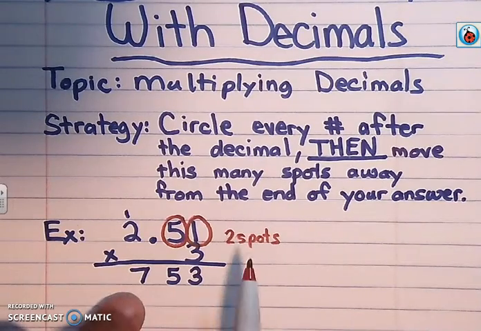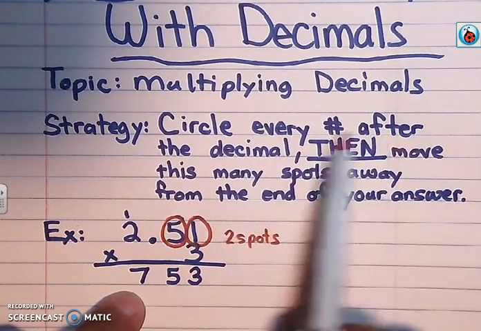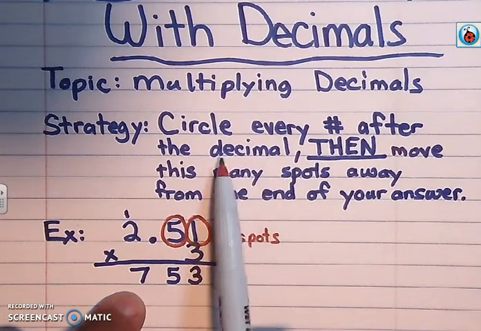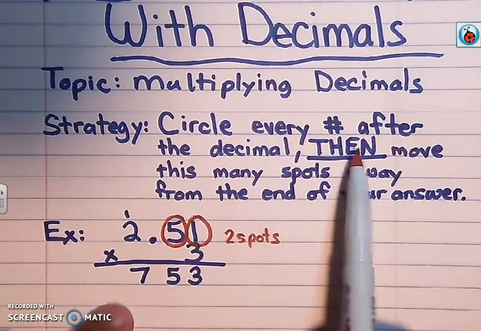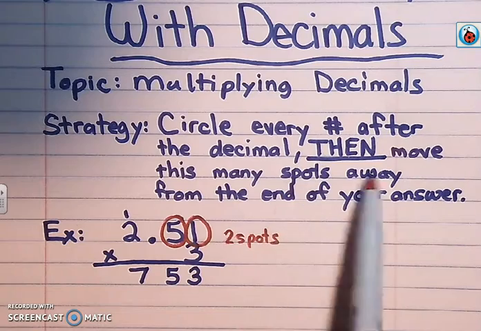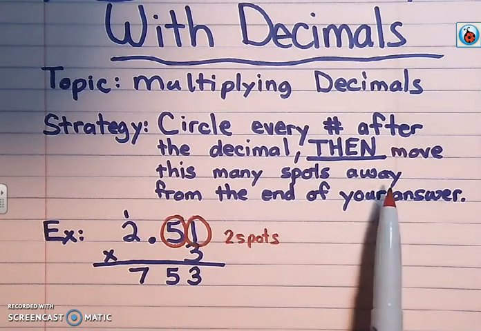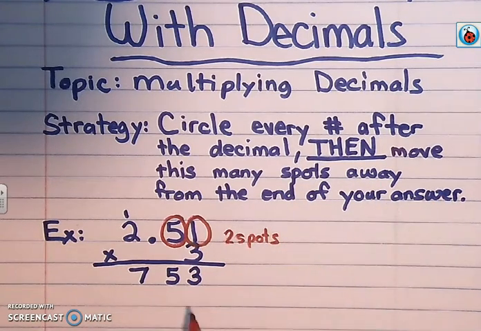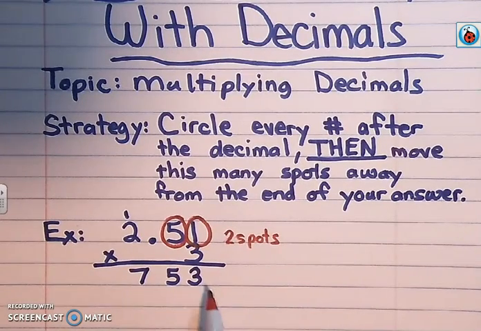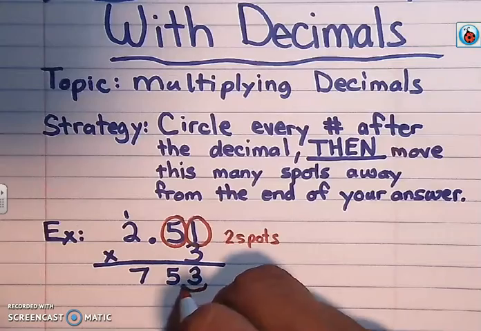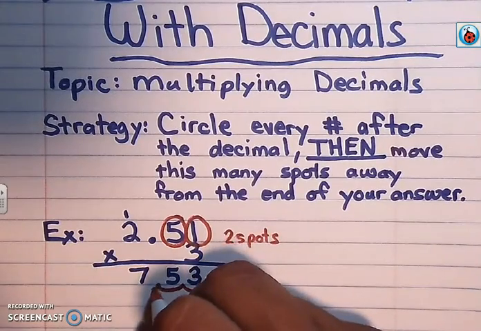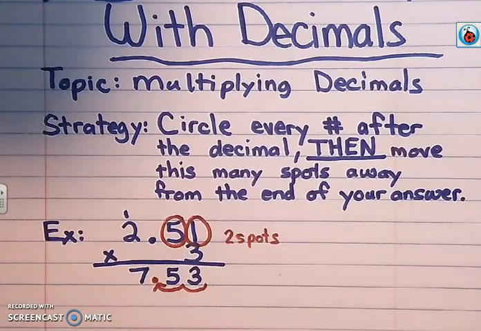So that talks about the first part of the strategy, circle every number after the decimal. Then it says move this many spots away from the end of your answer. So I have to find the end of my answer right here, and I need to go 2 spots away. 1, 2. This is where the decimal goes.